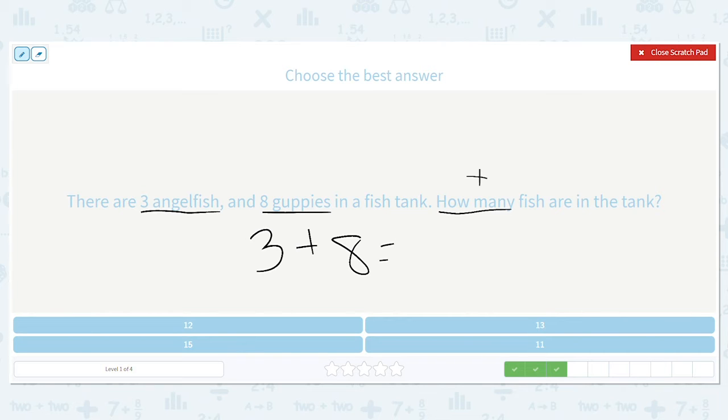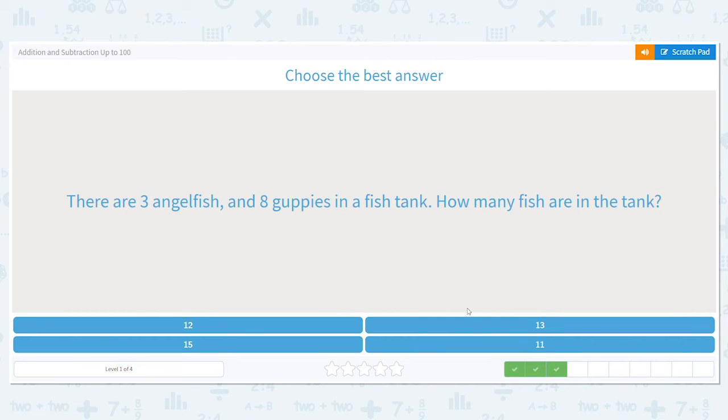Now, could I also say 8 plus 3, if it's easier to work it that way in my head? Yes, it doesn't matter. So what is 8 plus 3 or 3 plus 8? Count on from 8. 8, 9, 10, 11. So there are 11 fish in the tank.